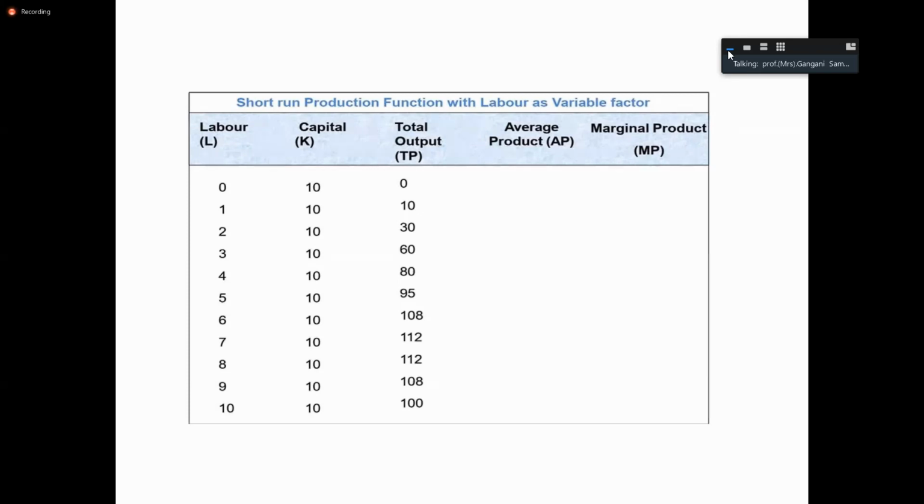Who calculated first? Let me see the chat box. No answer yet. You can see change of input every time is 1: 1, 2, 3, 4, 5, 6, 7, 8, 9, 10. Change is 1. So it's very easy to calculate the marginal product and average product.